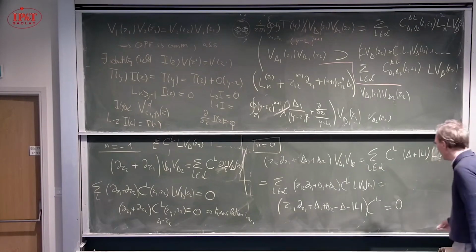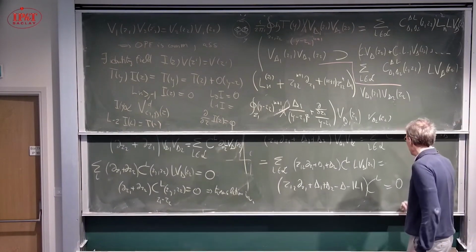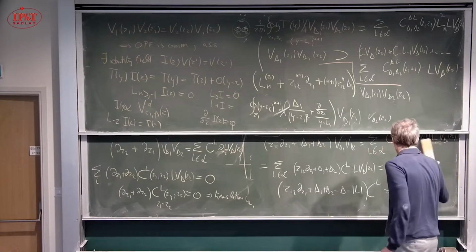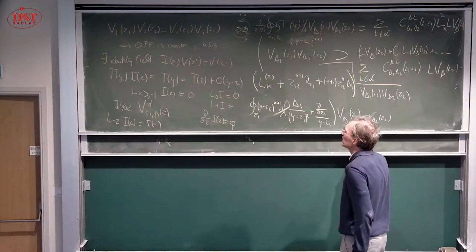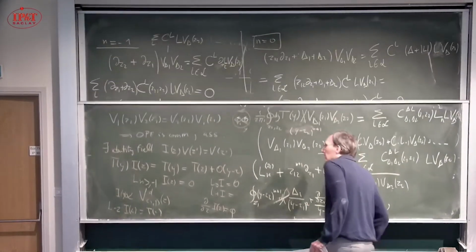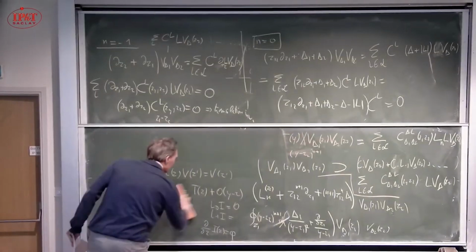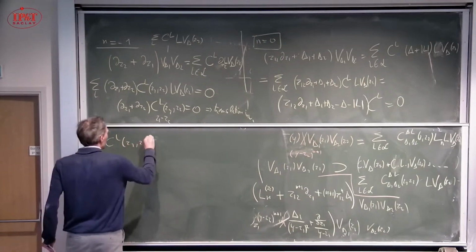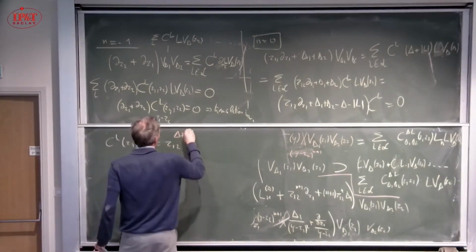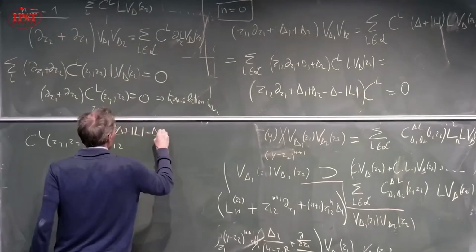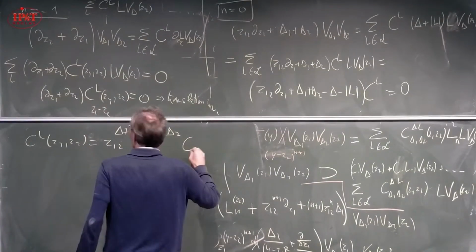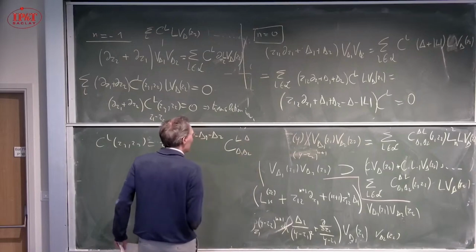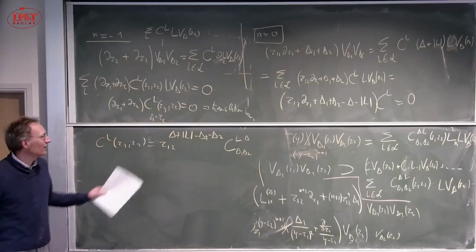And this determines that C_L depends on z in the following way. So C_L of z1, z2, let me write it elsewhere, is z12 to the power delta plus L minus delta 1 minus delta 2, times some constant, which is still C_L, which still depends on the dimensions, but which no longer depends on z, because the z dependence is fixed.